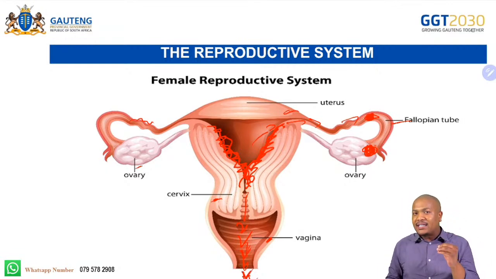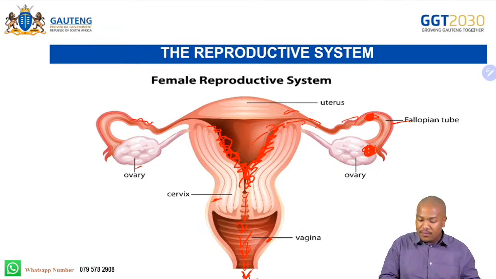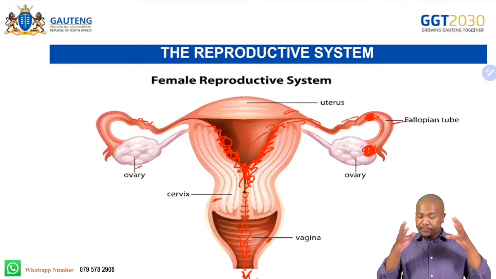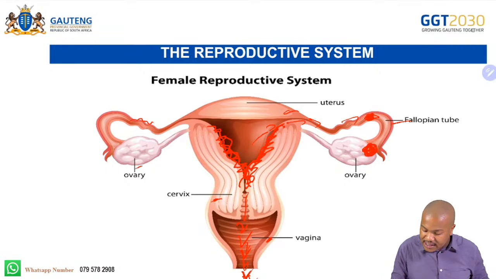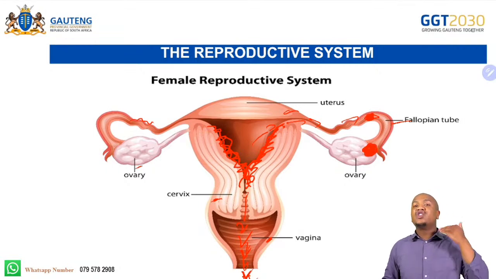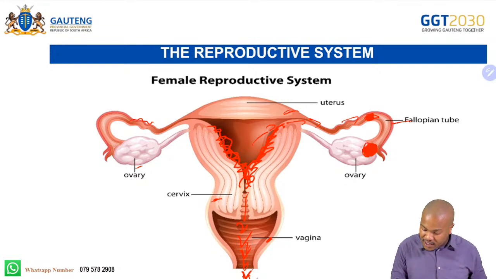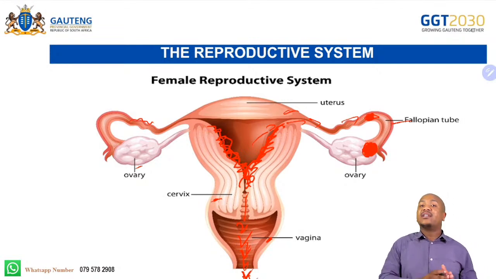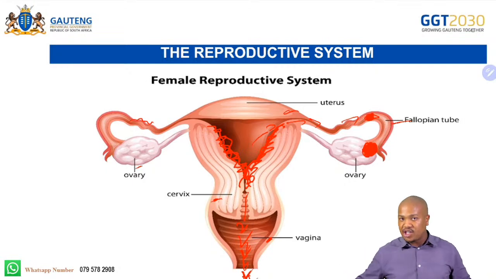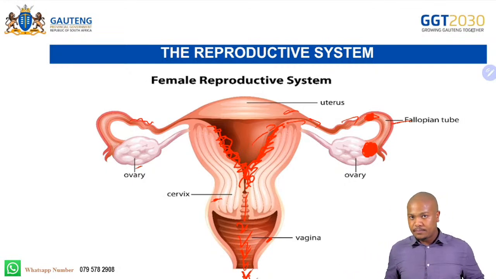Now, bear in mind, that's only when fertilization did not take place. When fertilization has taken place, a baby is formed, and the menstrual cycle is disturbed to a point where there's no releasing of eggs from day one of implantation up until the end of the gestation or pregnancy period.